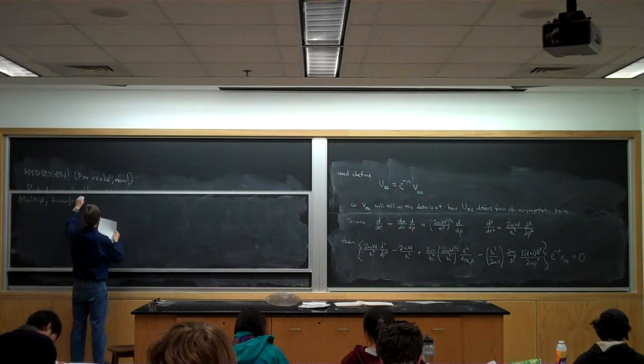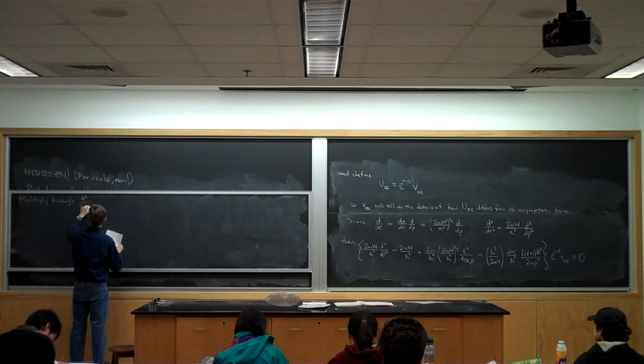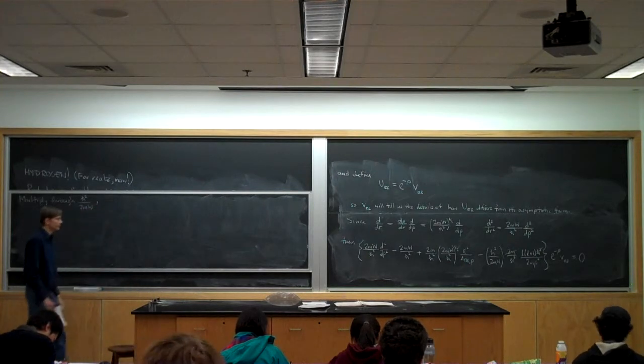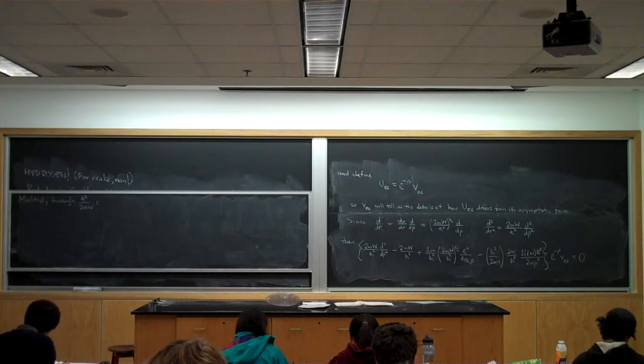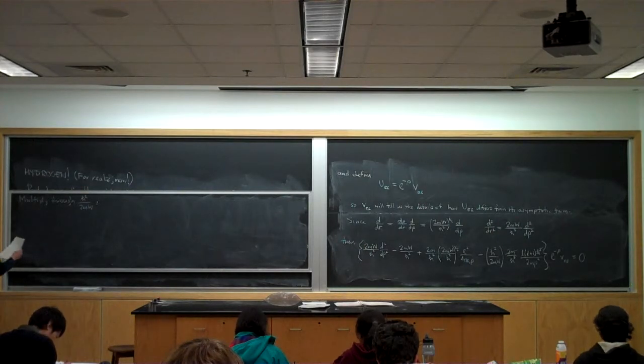Multiply through by h bar squared over 2mw, because notice that there are h bar squared over 2mw's lurking in the terms over there.